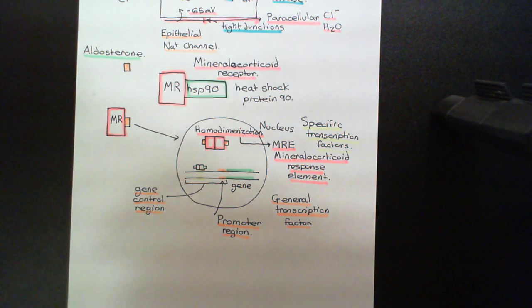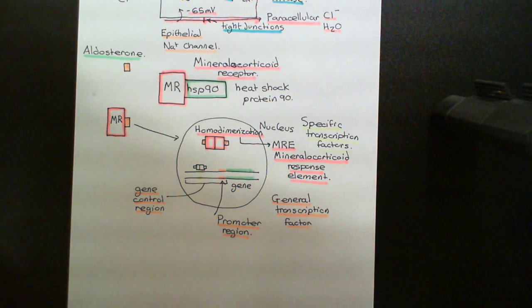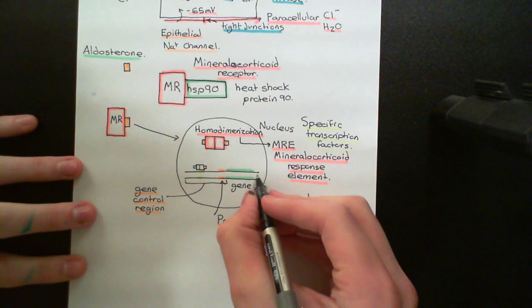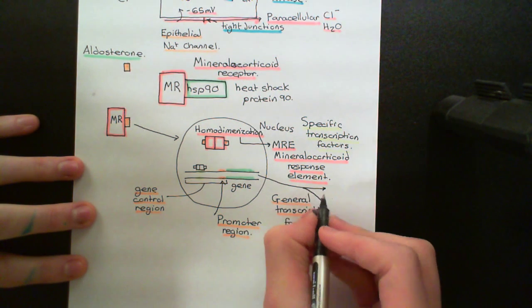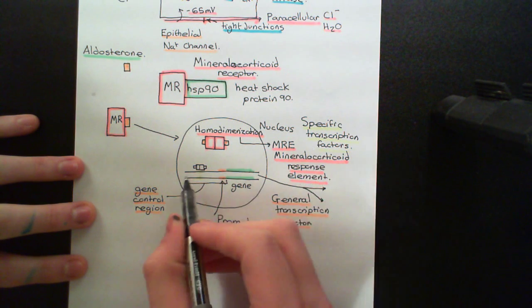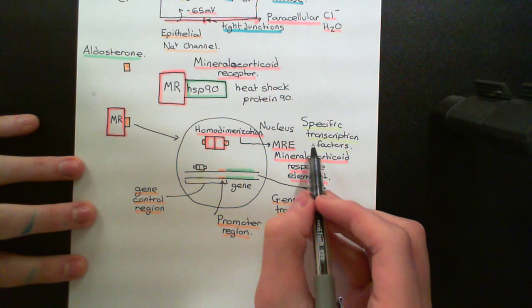So the overall message here, we've gone a bit into more epigenetics than I was hoping to go into, but I hope that this is clear. The overall message here is that aldosterone arriving in these renal tubule cells of the terminal distal convoluted tubule and the cortical collecting ducts is going to change gene expression within these cells. And specifically, some of the genes that are going to have their expression increased, and just another epigenetic point here, a certain specific transcription factor might increase the expression of some genes and decrease the expression of other genes.